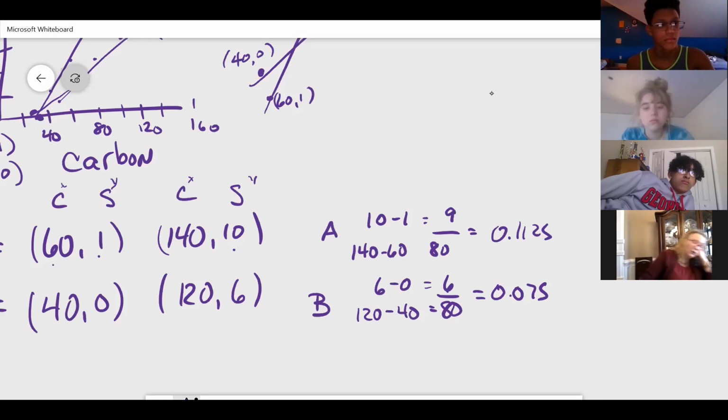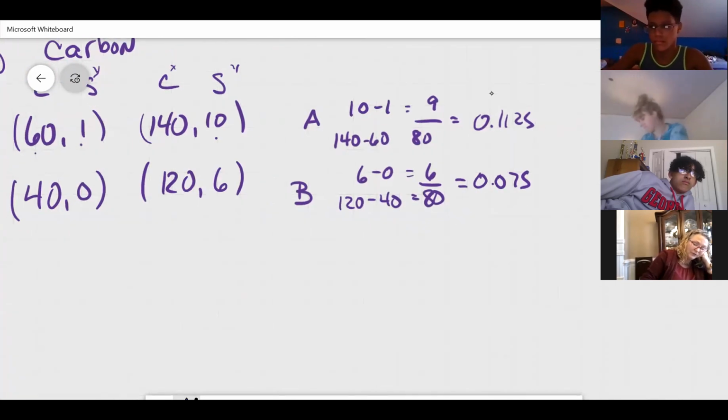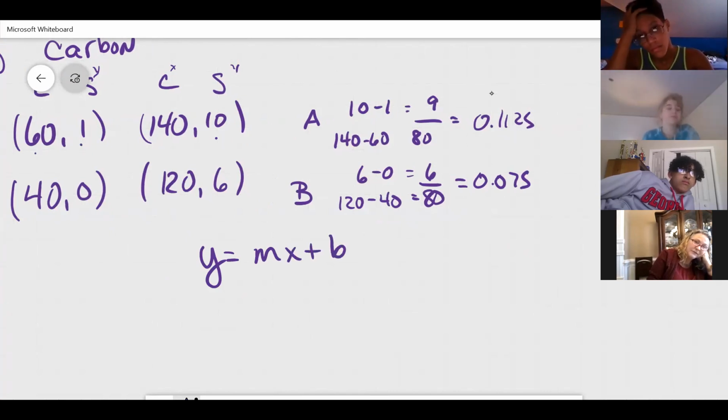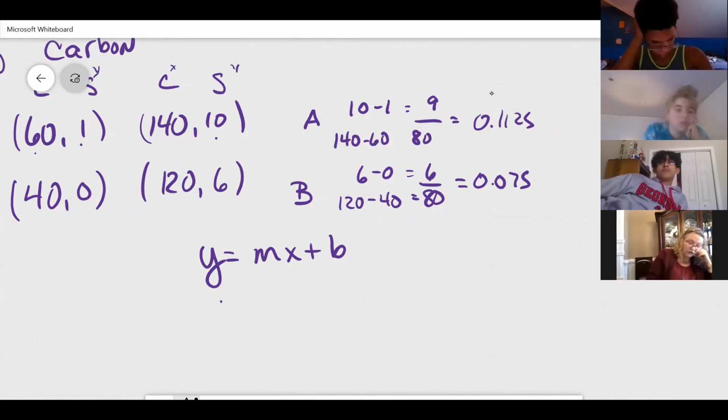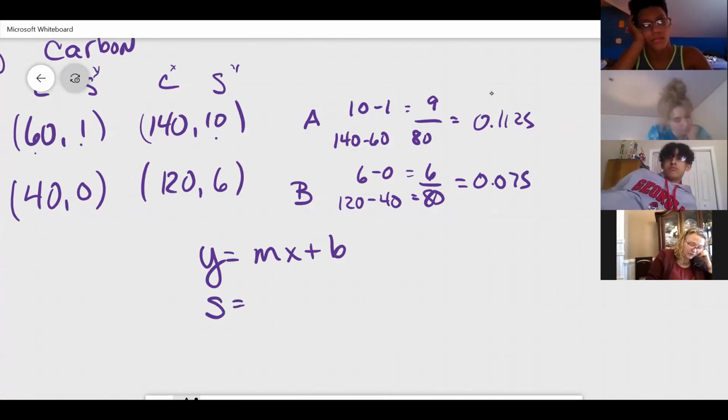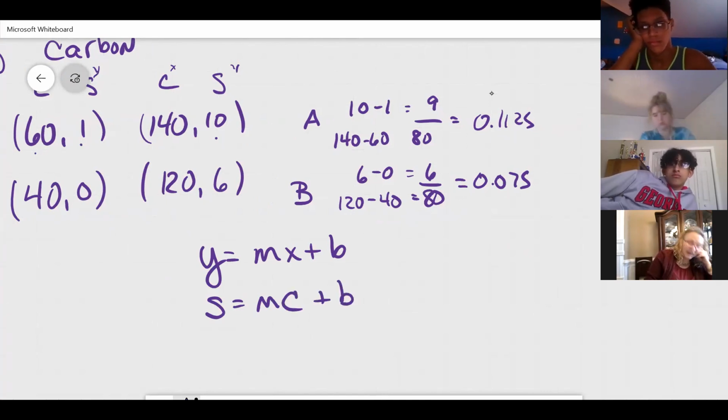All right, so what they're looking for us to do is find the equation of these two lines. Remember, with the slope, y equals mx plus b, right? In this, my y is salt, m is my slope, x is going to be my carbon, and then I'm still going to have my b like before.